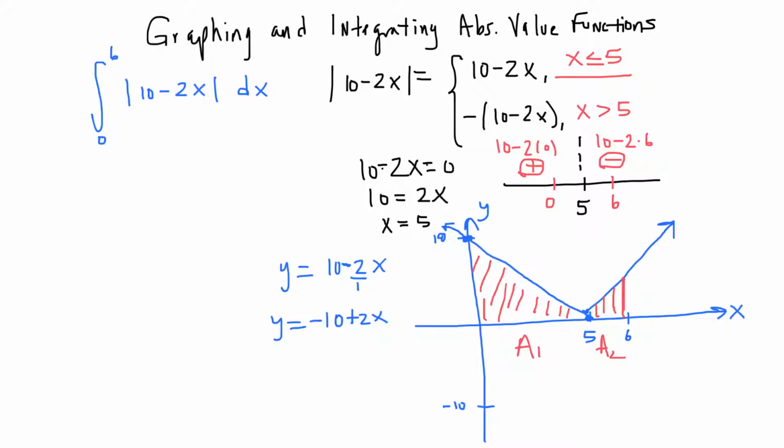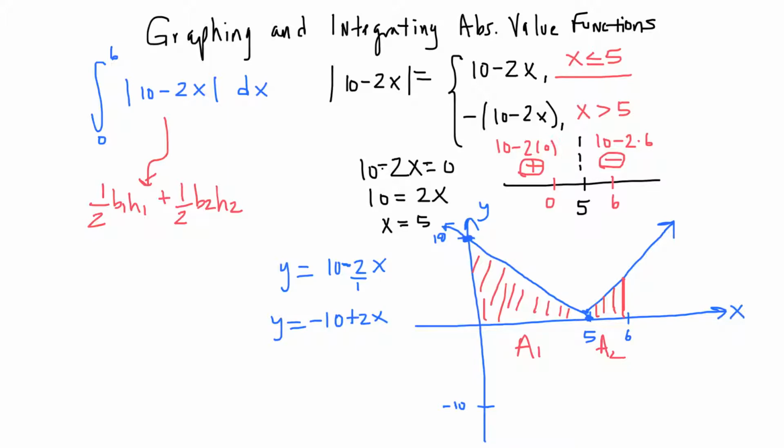And so now I know that this integral is going to be equal to the area of the two triangles. So we'll have 1/2 base 1 times height 1 plus 1/2 base 2, that's the base of the second triangle, times the height of the second triangle.